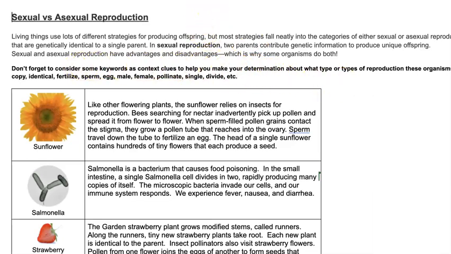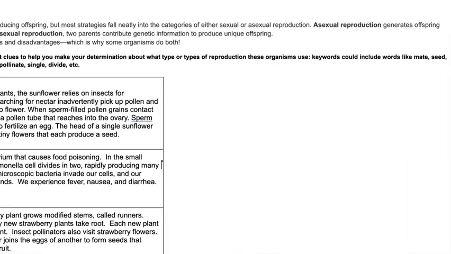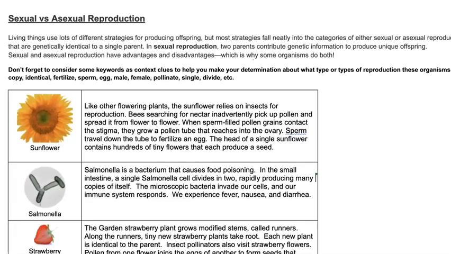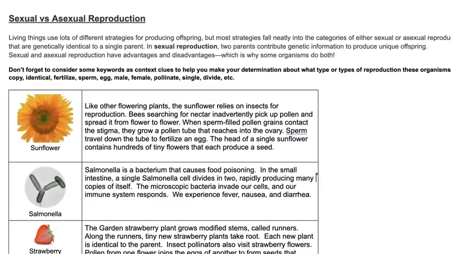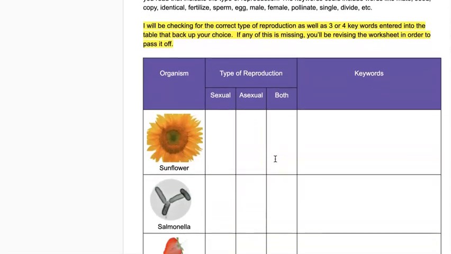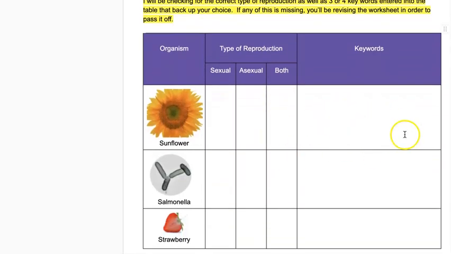You can see that there are some examples of keywords if you read through this, and you can probably find some other keywords as well to help you decide. Remember that your assignment, of course, is to access keywords, to type them into this column here, and then to determine if the organism is sexual, asexual, or both.